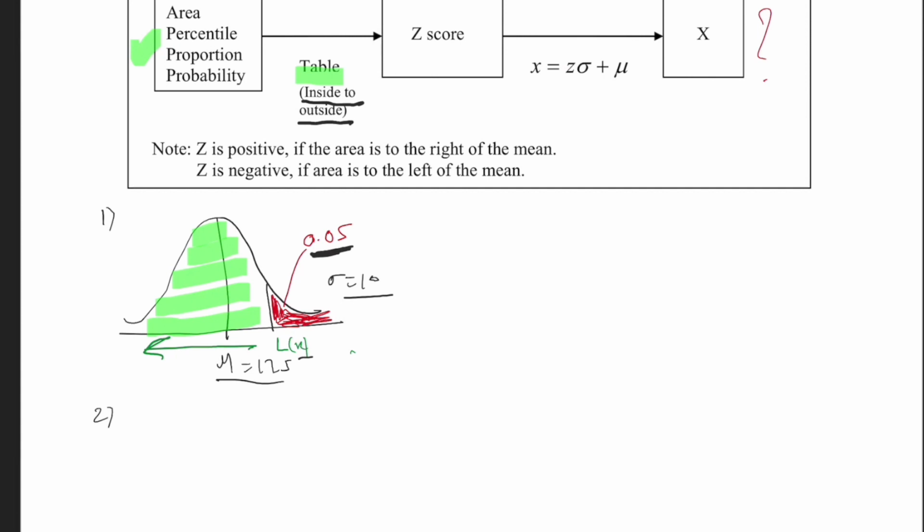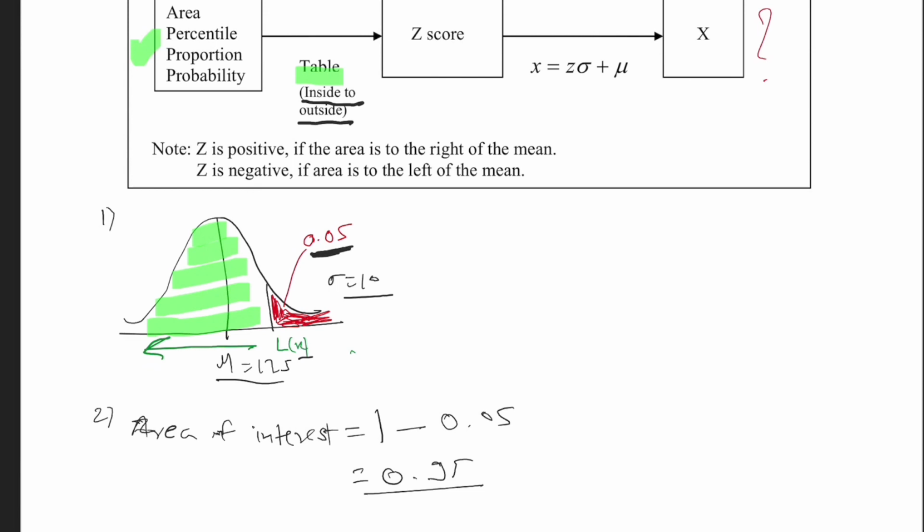So that's why the area of interest equals 1 minus the area on the right side of L, that is 1 minus 0.05, which is nothing but 0.95. So that is our area of interest.